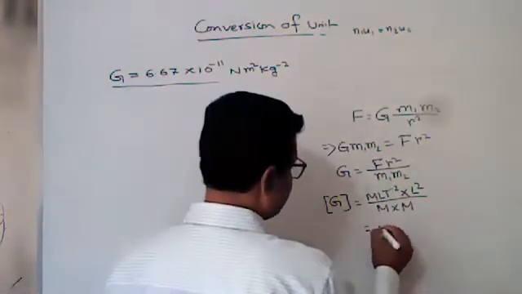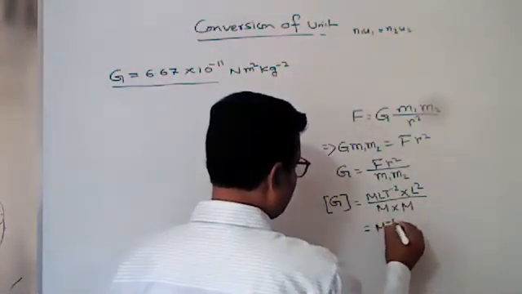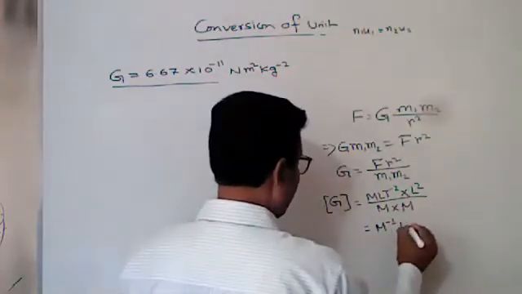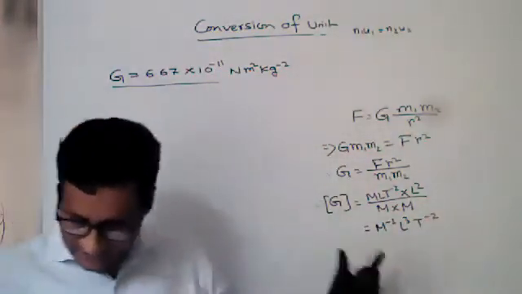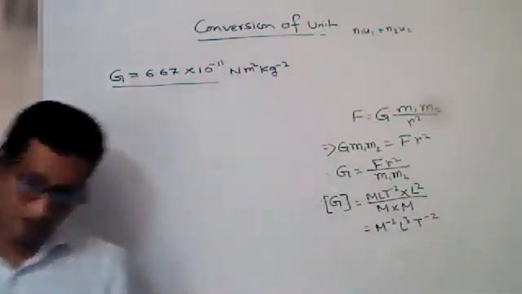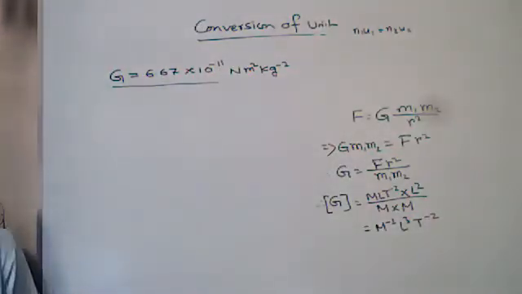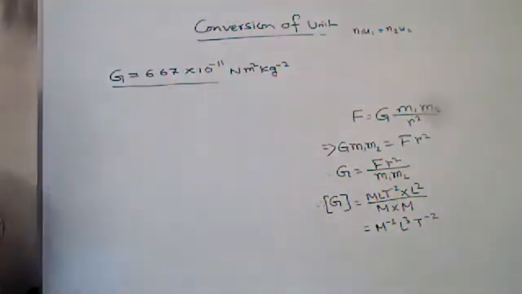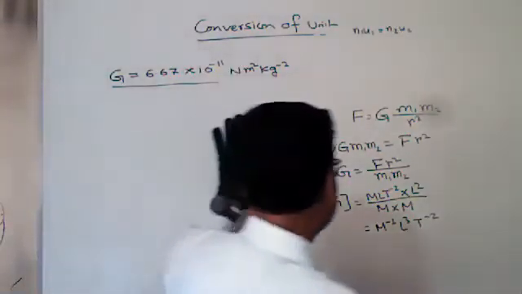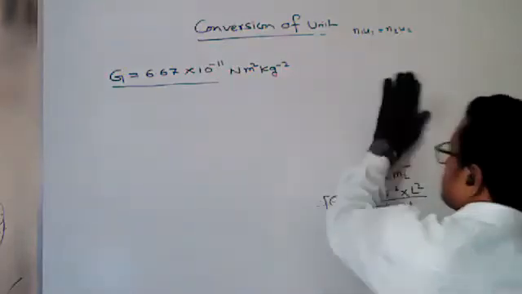So the dimension of G will be M inverse 1 L cube T inverse 2. You have to remember this. This is the dimension of G.